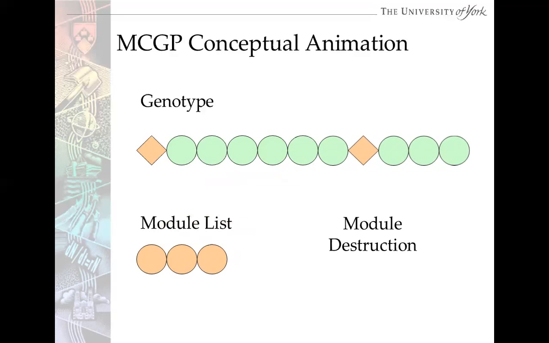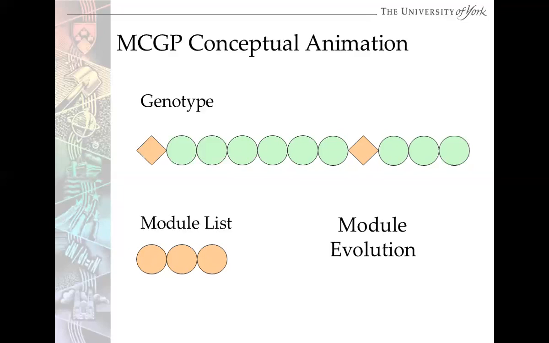Hence, it acts on that triangular node, which was a module. Basically, it takes the module out and inserts its original code back in. You can see after that, it still leaves the two calls to that module that were created through mutation.